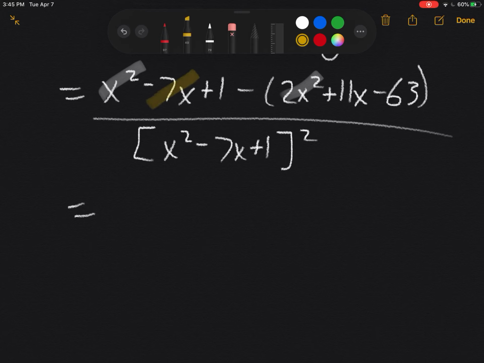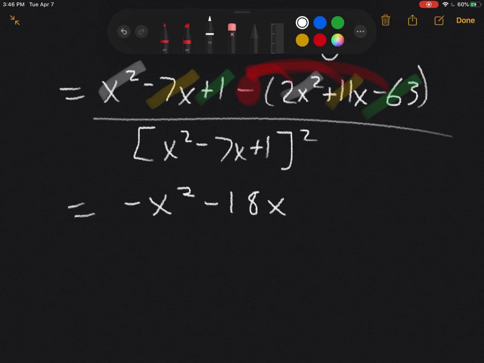I'm going to collect my like terms here. So I see that I have an x squared and a 2x squared, a negative 7x and an 11x, and a 1 and a negative 63. And don't forget, this negative sign is going to distribute and change the signs all in here.